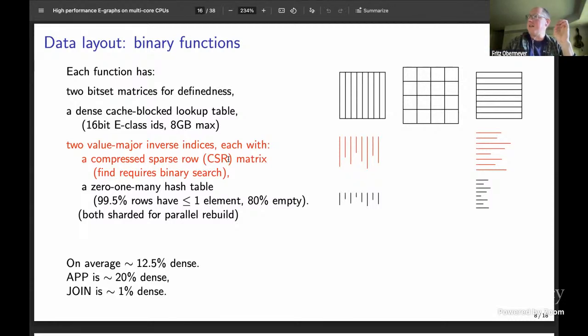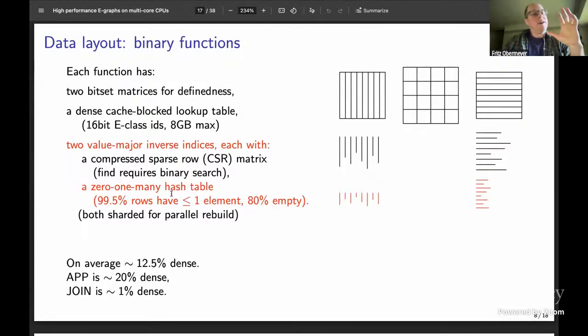The one issue with that is that if I fix a value and a left-hand side to iterate over the right-hand sides, you need a couple binary searches to find where in the range that is, and that ends up being expensive. And so recently in front of that, I put a hash table.